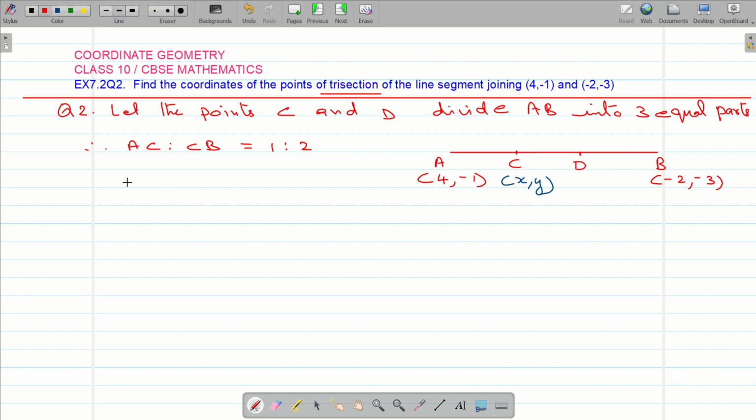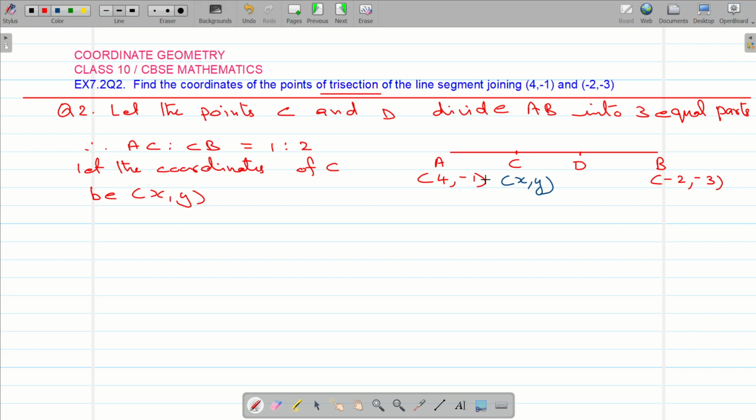Now we are going to find the coordinates of C. Let the coordinates of C be x comma y.